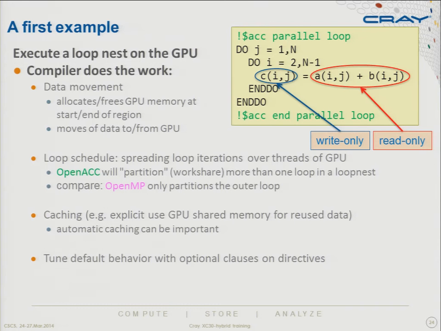The difference is OpenMP, by default, will only split up the outer loop, whereas OpenACC will split up multiple loops in the loop nest. If you've done CUDA programming, you know about shared memory optimizations and all of these sorts of things. The compiler does this sort of caching for you. Again, you can go in and help it, but you don't have to do it all for it.